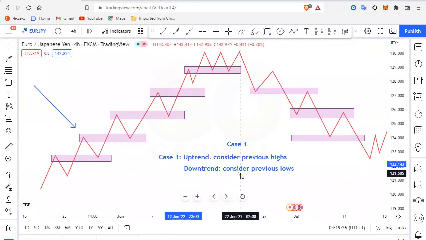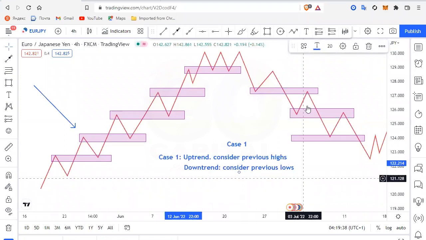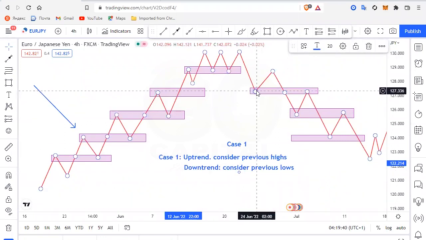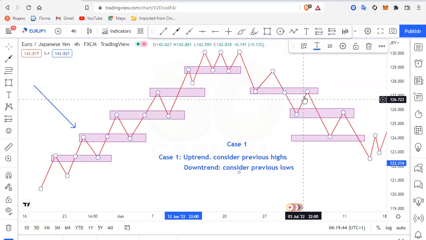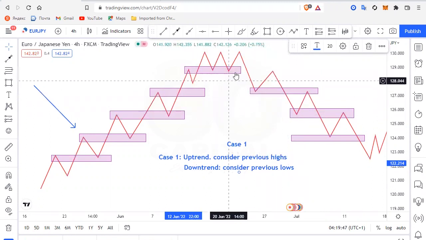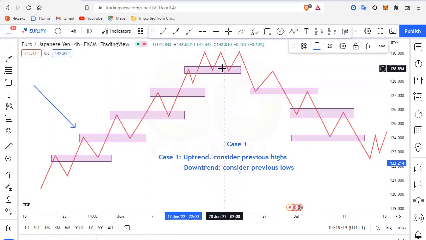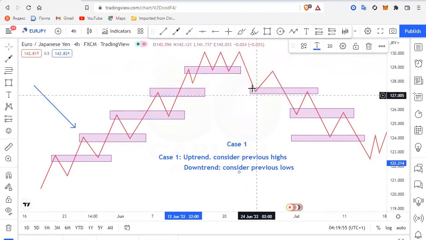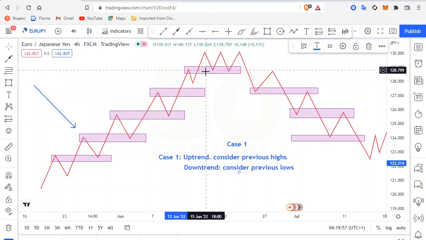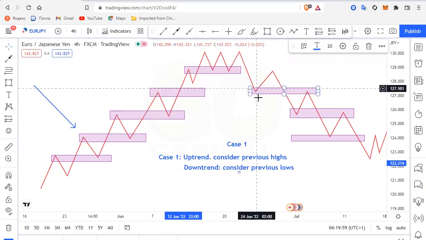There will be an uptrend case and a downtrend case for case 1. So like I just said, you consider all of these lows. Once market breaks this low downward, it must come back to it. How do you signal the change in trend? Market will start creating equal lows or equal highs. If it doesn't, it will just change from the structure of a higher low to a structure of a lower low.